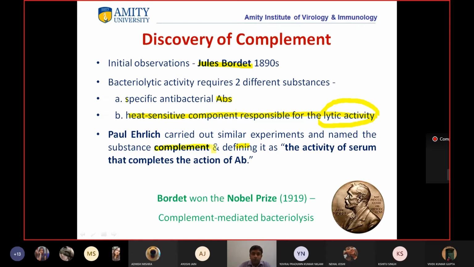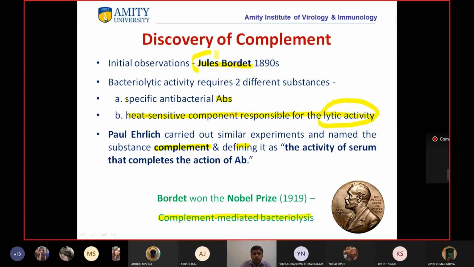Because it is complementing, and defining it as the activity of serum that completes the action of antibody. Clear? And for this work on complement, Jules Bordet won the Nobel Prize for his work on complement mediated bacteriolysis. So these are the two major scientists who were initially responsible for the discovery of the complement system.